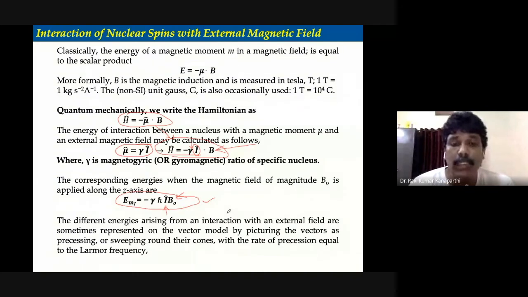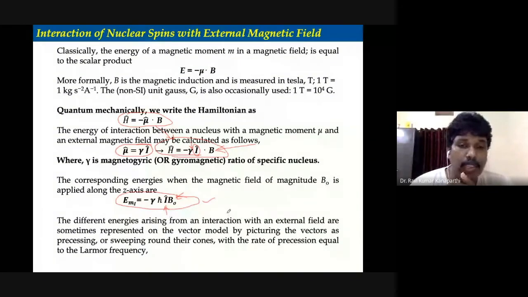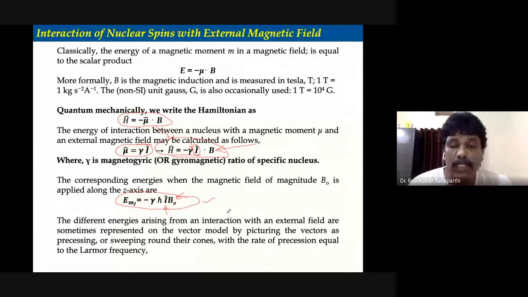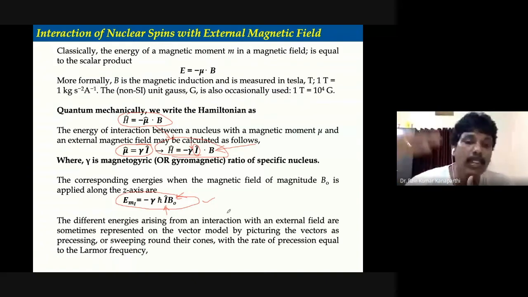If I is half, it can have the values of plus or minus half. That means the energy can be minus half gamma h cross B0 and plus half gamma h cross B0. Similarly, you can substitute different values for I, and accordingly you can get the energies.